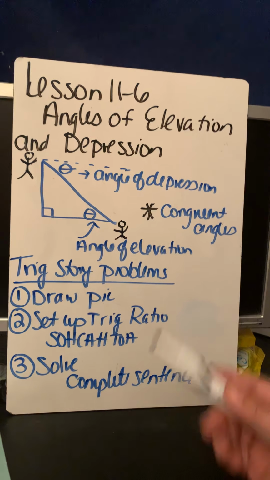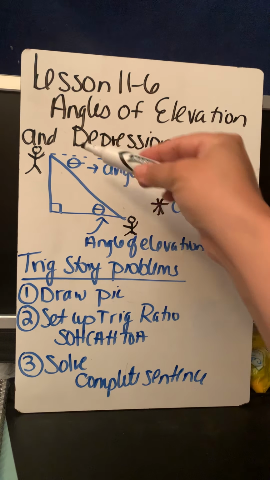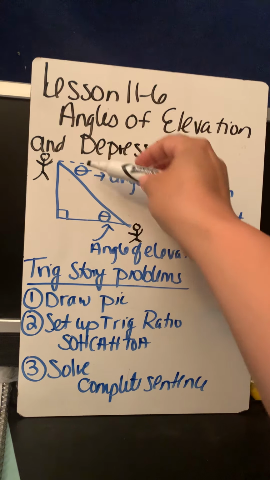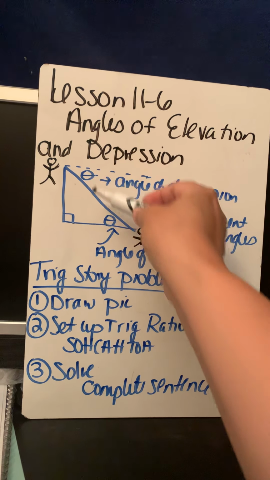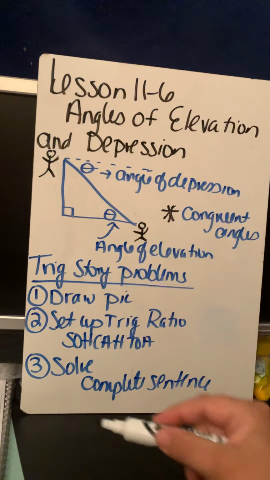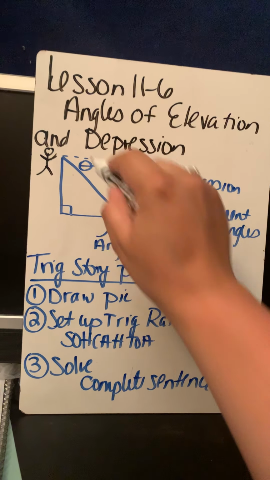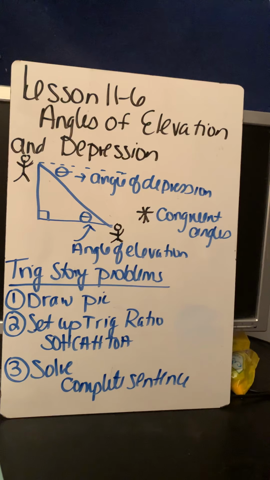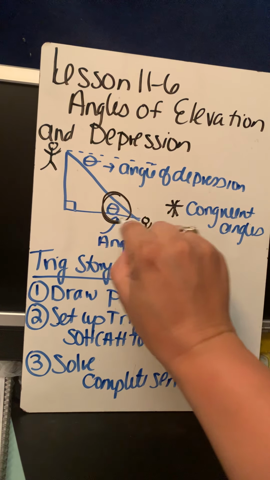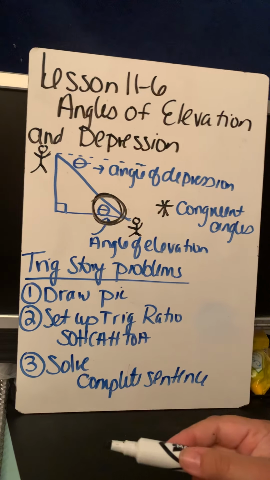Angle of depression and angle of elevation are congruent because, in geometry, they're alternating interior angles. So these are two congruent angles, and whenever they're talking about the angle of depression or elevation, I am always going to stick that angle right there in that bottom corner.